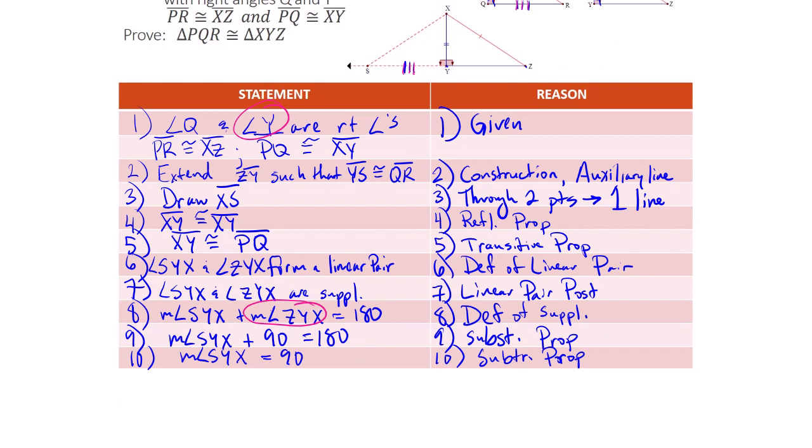All right, so let's keep going. So we have 11. So now that means that angle SYX is a right angle and that's by definition of right angles.